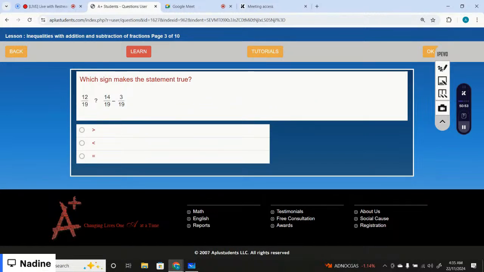Which sign makes the statement true? 12 over 19, you have to compare it to 14 over 19 minus 3 over 19.